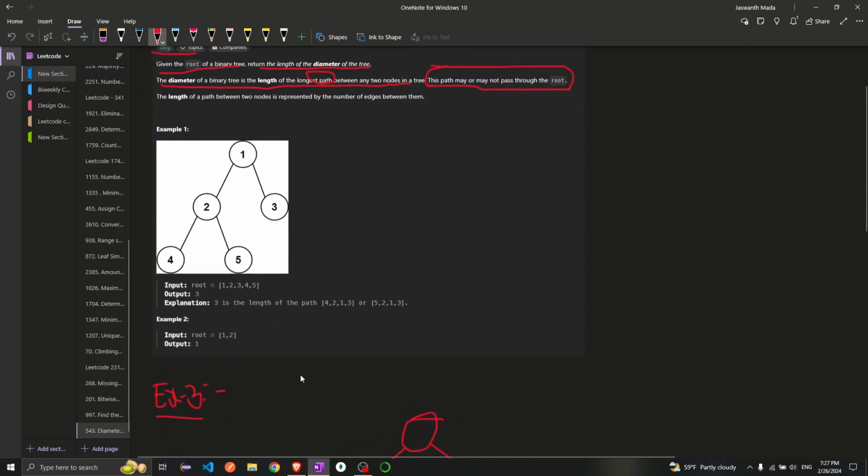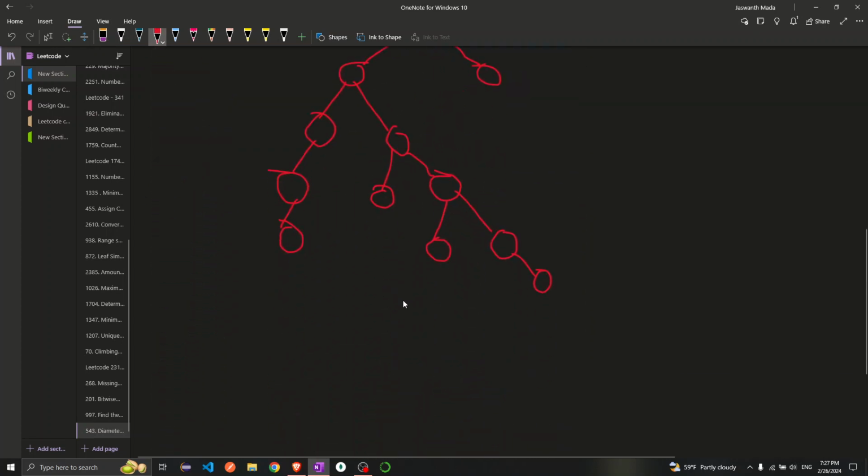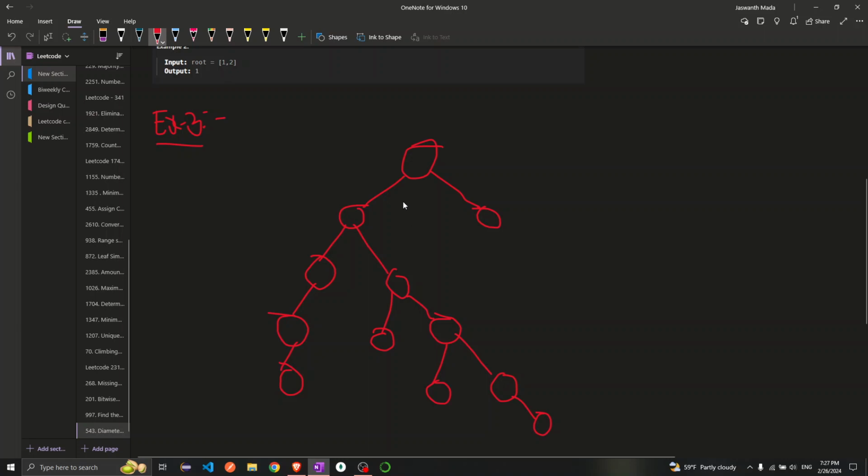But that's not true because if you look at this example, what does the longest path mean? Suppose you take this node and this node, what's the length? One and two, right? But if you take this node and this node, the length is one, two, three, four, five.